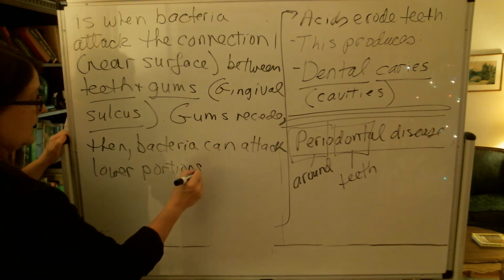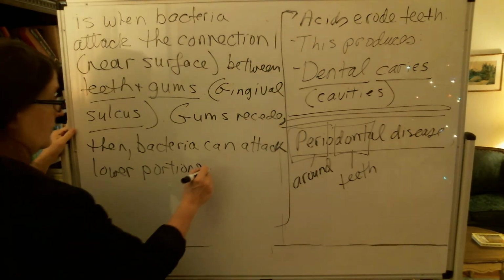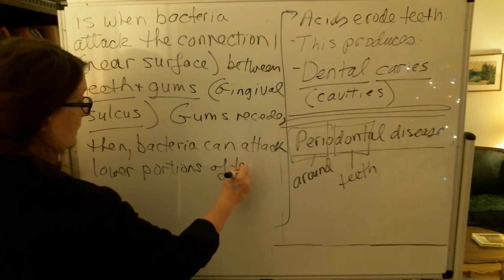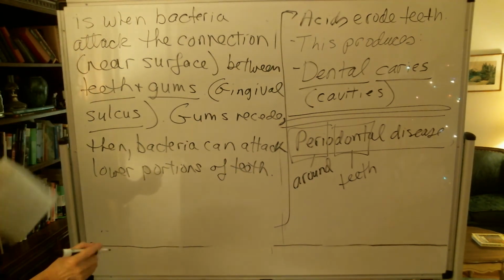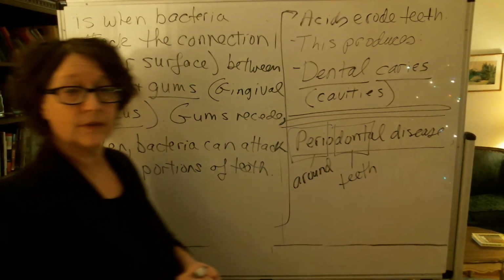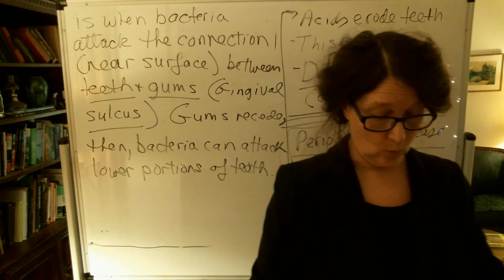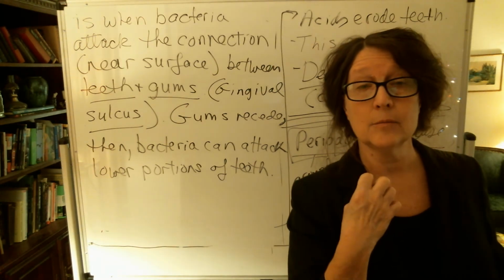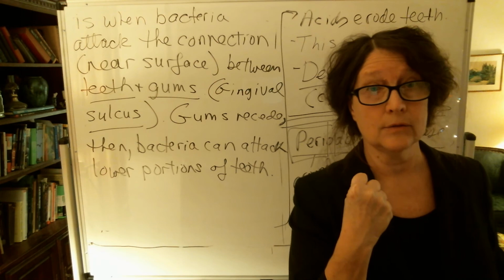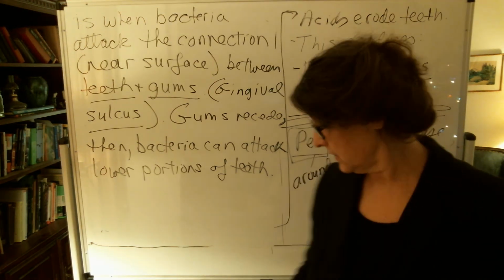So they can keep going down and down and down. And eventually, if this goes on far enough, then you can wind up having the connection between the teeth and the gums actually eroded away down to the point where the tooth can fall out.